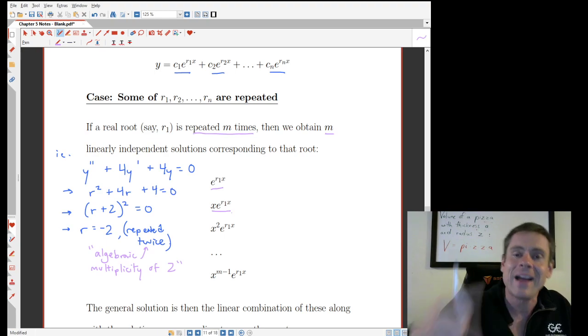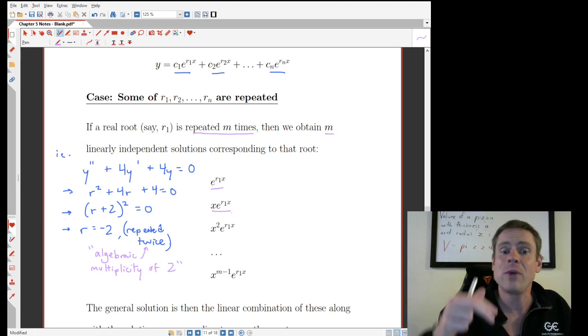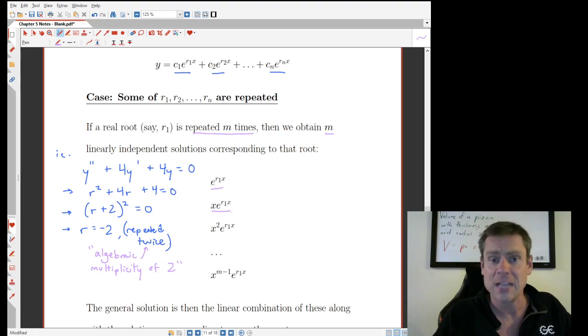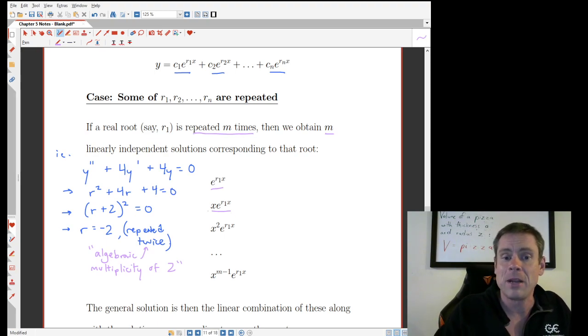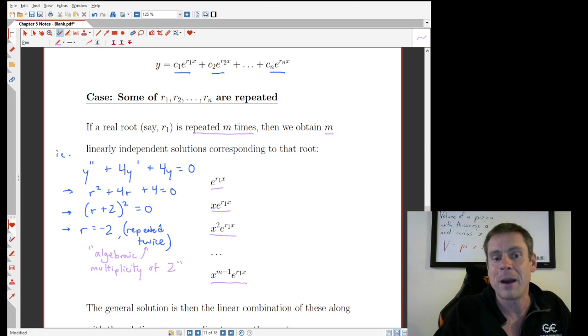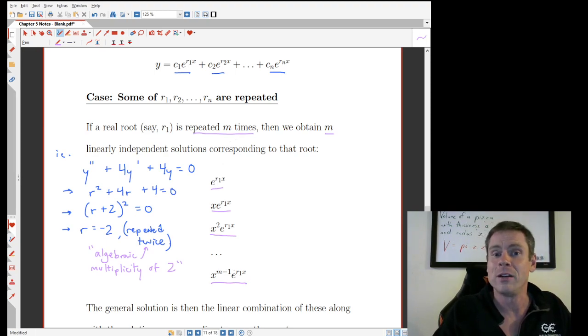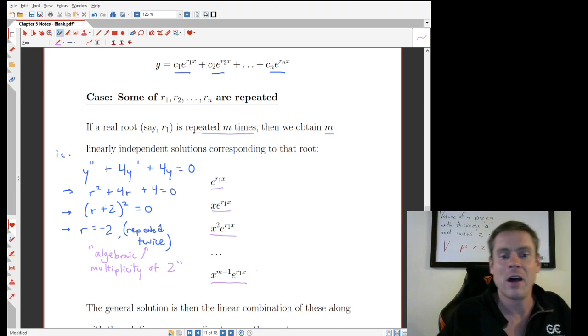But if you have higher multiplicity than even that, you get ever increasing powers of x. You can show that all of these are linearly independent from one another. But you continue up, you get x squared e to the root times x, and up to ever higher powers. So repeated m times, I would need to go up to x to the power of m minus 1, e to the root times x.